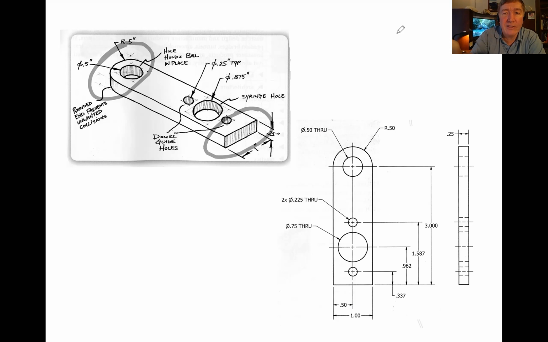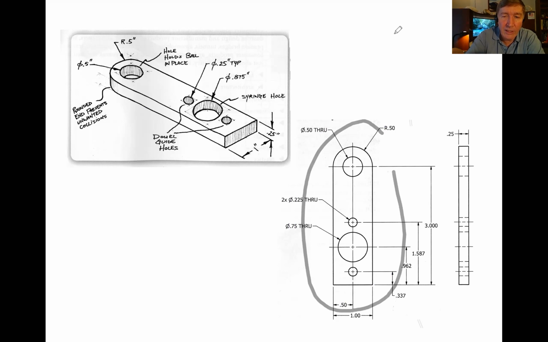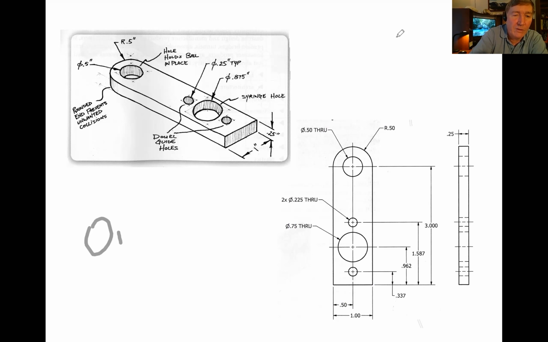So yeah, I look at the isometric drawing and I can get a good feel. I have an understanding of what it is. Now when I look at the orthographic drawing, and by the way, let's label this. Orthographic.